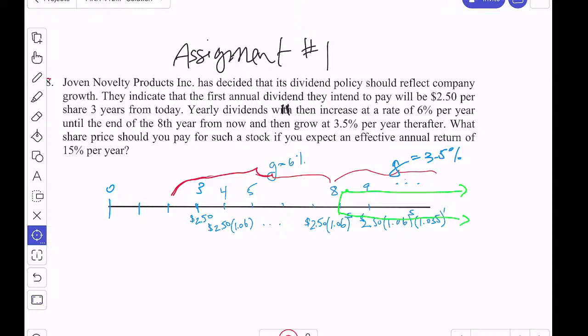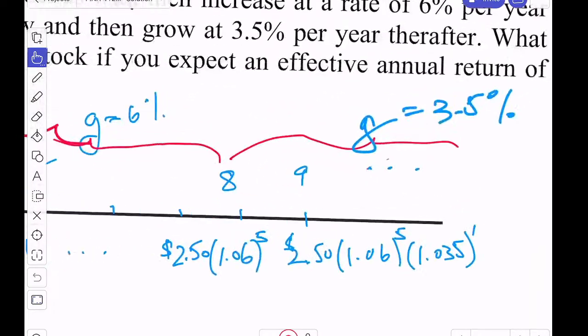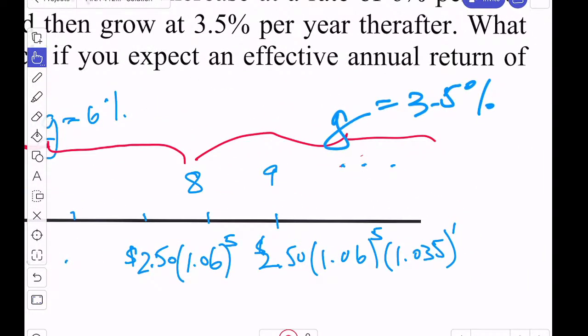Let me get rid of this green for a minute. So that's 9. Let me rewrite that. I'm going to make this big again. So I need to write 9 and 10.